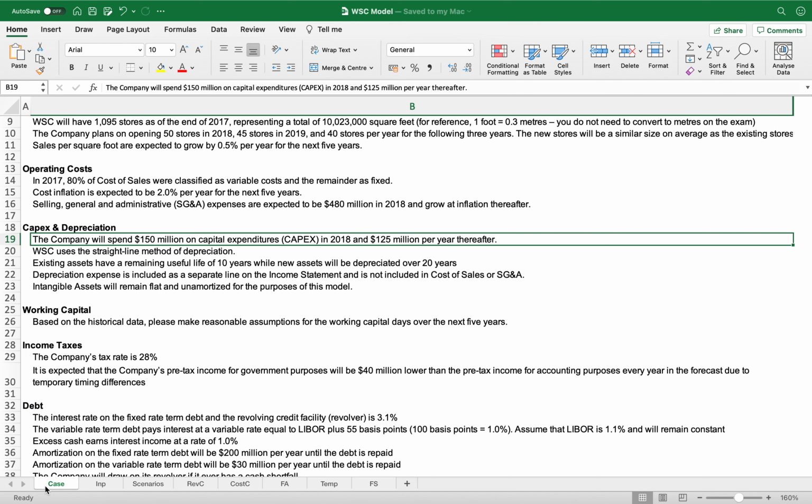So looking at the case study, the next section is working capital. And the question says, based on the historical data, please make reasonable assumptions for the working capital days over the next 5 years. That means the question doesn't tell us what to consider for the future.